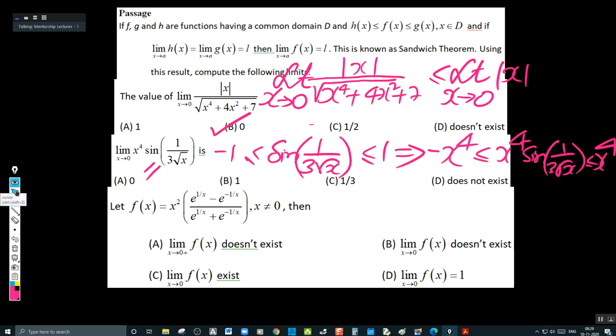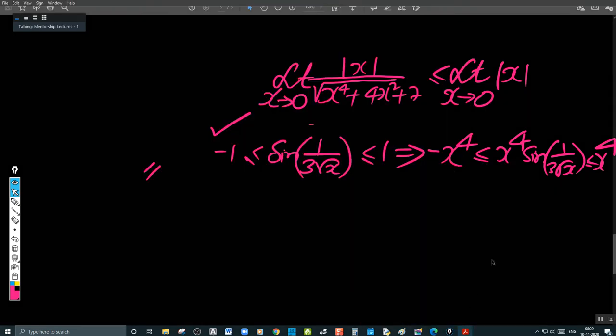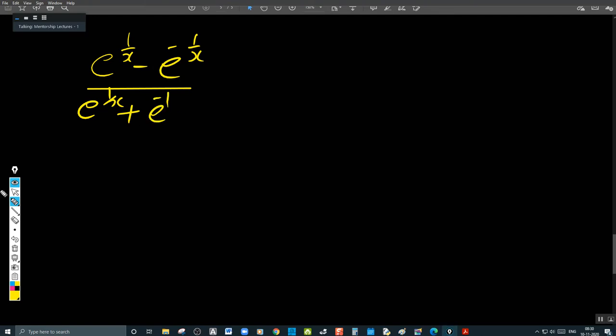Now, let us write in this way, because we are using sandwich theorem there. Let us keep it between two limits, or any one limit also, no problem. E power 1 by x minus e power minus 1 by x, whole divided by e power 1 by x plus e power minus 1 by x.